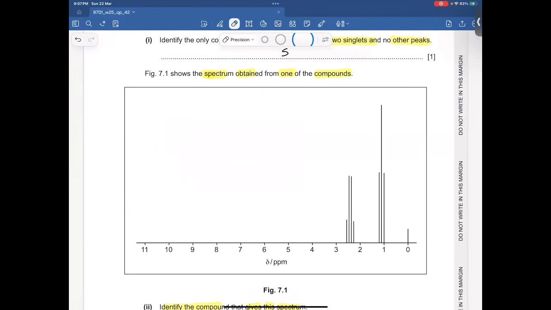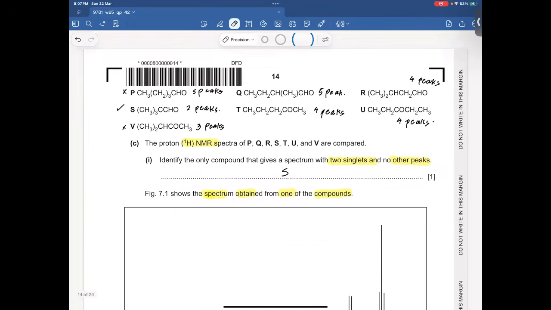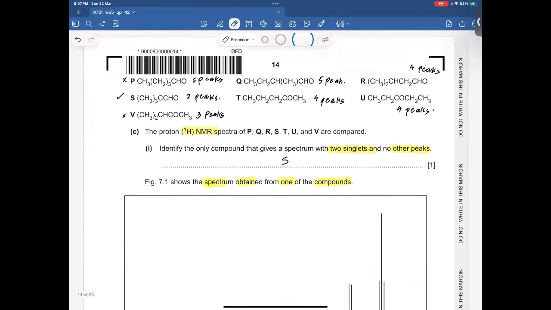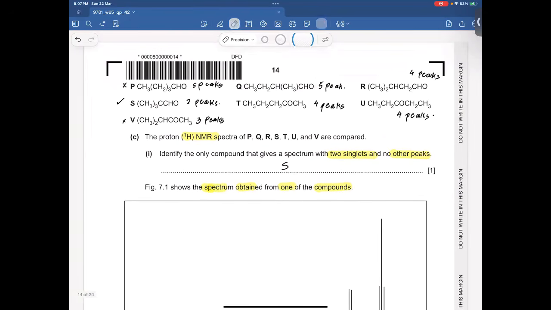Which compound gives you a triplet and a quadruplet? Only a triplet and a quadruplet. So we have a triplet, we have a quadruplet, we have a sextet from here. So it's not going to be possible.